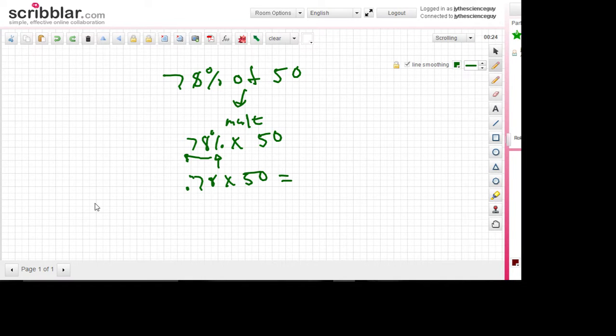Okay, how'd you come up with it? It'd be 0.78 times 50. How'd you come up with the 2? What's the rule of thumb with that? Take 78 divided by 100 and see what number you get. Okay, 78 divided by 100 equals. And you told me that. Can I just move the decimal 2 places?